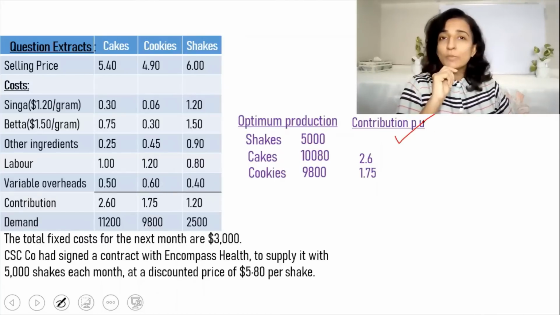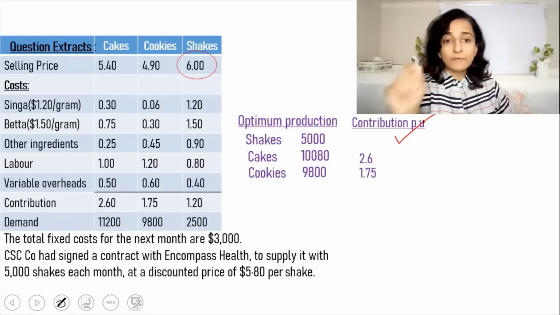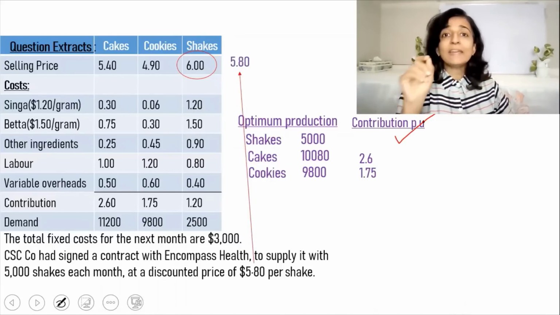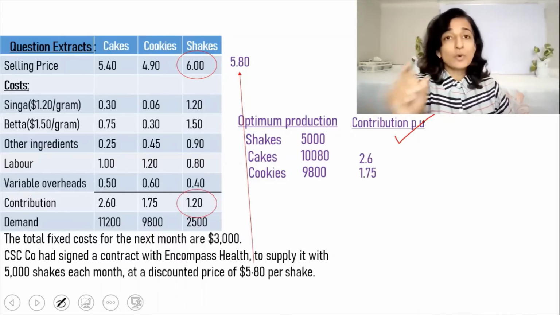Now there is a small problem for shakes. The general production is sold at $6. But for Encompass Health, where we have a compulsory order, we are selling it only at 5.8. So the discount that we are giving to Encompass is 0.2, so the contribution also will have to be reduced by 0.2.